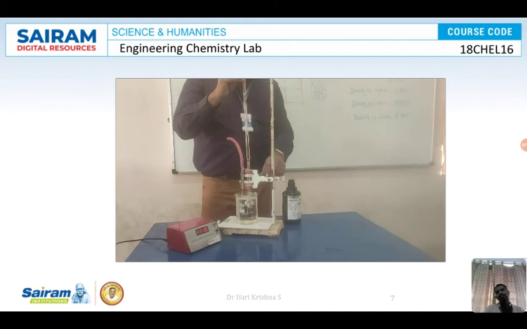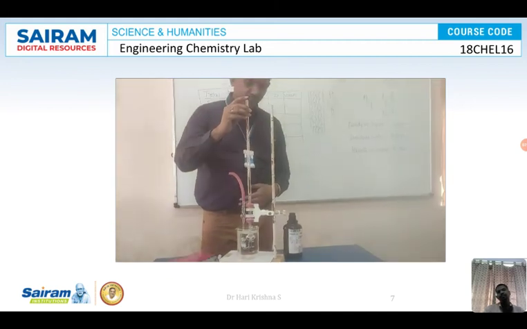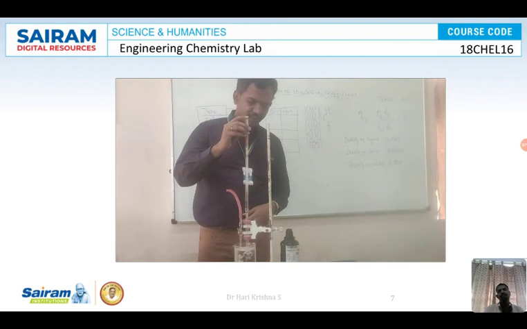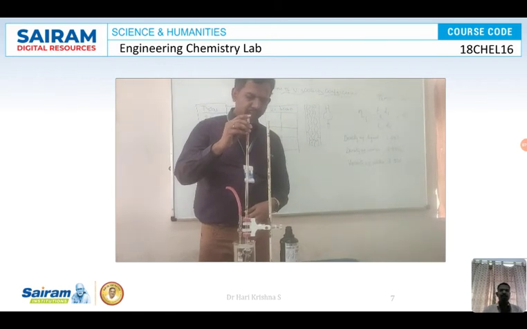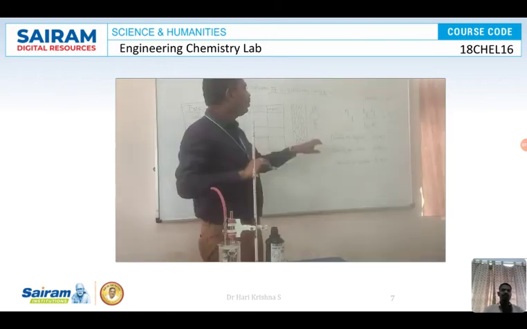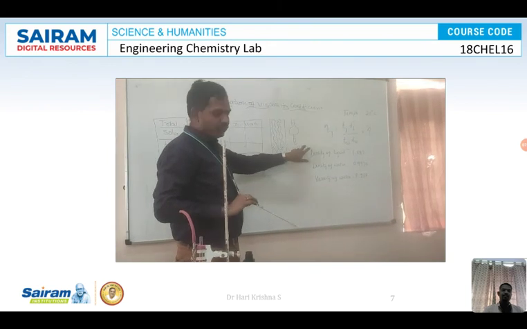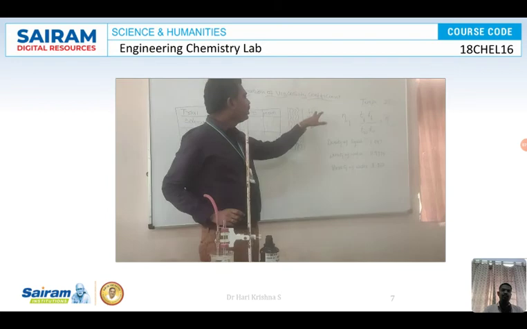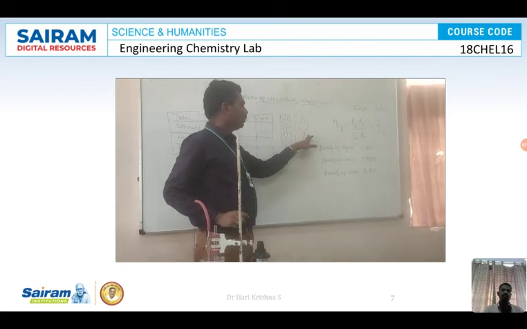As discussed earlier, this viscometer will have two bulbs, one lower bulb and the next upper bulb. The upper bulb will have two marks. So we are going to suck the liquid using this rubber tubing from the lower into the upper.